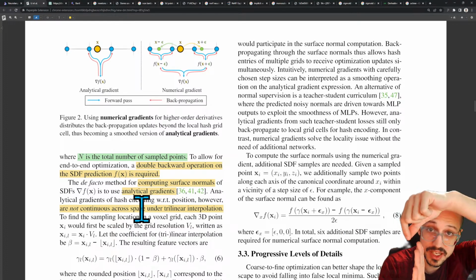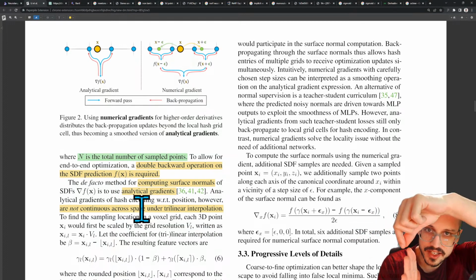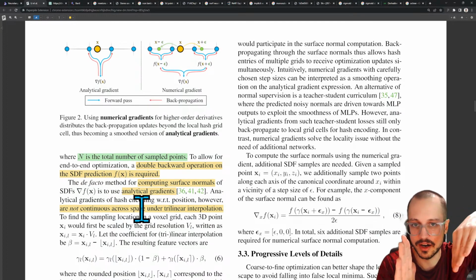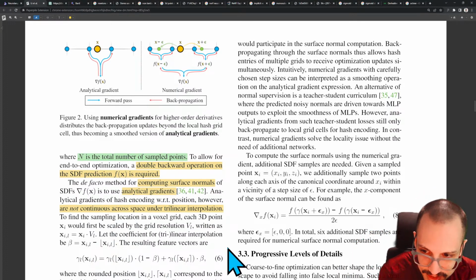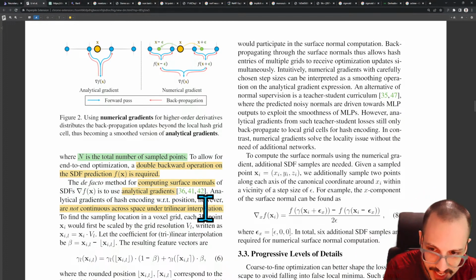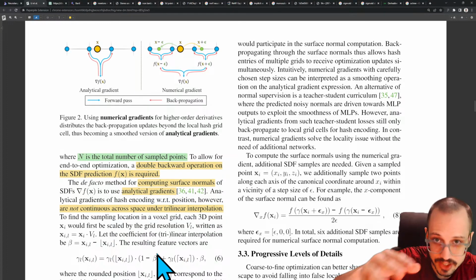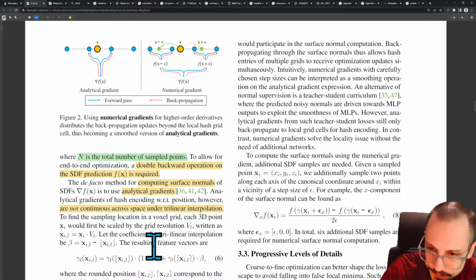On one side of the big square, the value of the feature vector is going to be one thing because you're interpolating with the feature vector for this square. But as soon as you cross that boundary and start interpolating with the feature vector for the other square, you're going to have a discontinuity there, right? The value is suddenly going to be discontinuous. So that's what's making this derivative hard. It's hard to get the shape of that surface, and because you can't get the shape of that surface, you can't get the surface normal.